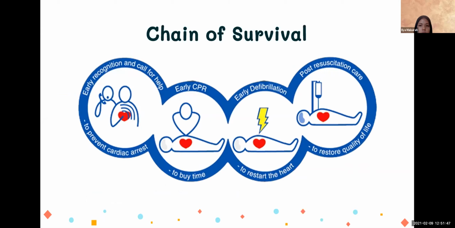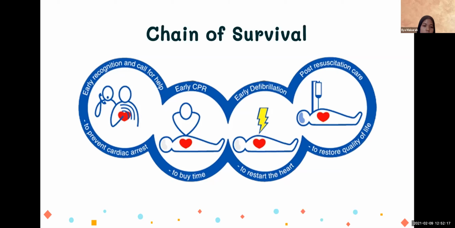In the chain of survival, first we have early recognition and call for help. For example, if the patient has chest pain, it may be a sign of cardiac arrest. Calling the emergency service before the victim collapses can enable early activation of the emergency response system to help the victim as soon as possible.